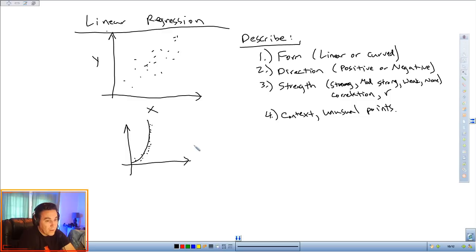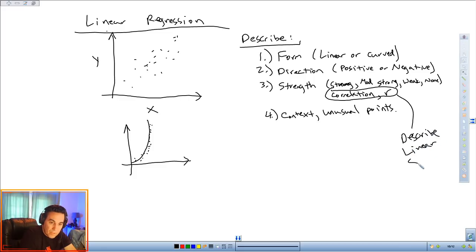So R correlation is only used to describe linear strength. That's a good question. That's the common layman's mistake: most people in the real world use correlation even when they're doing curves.